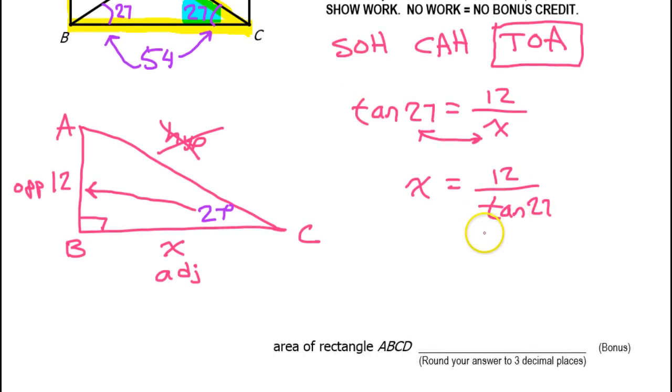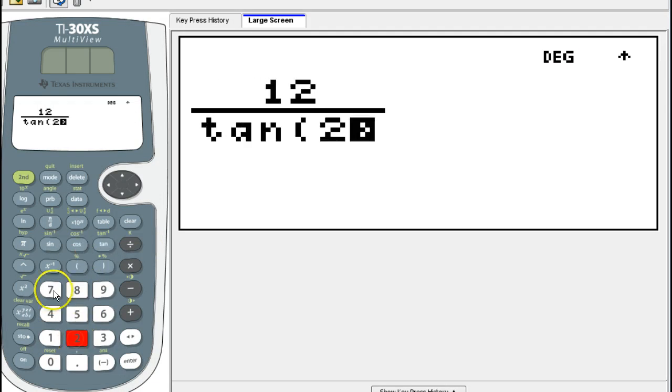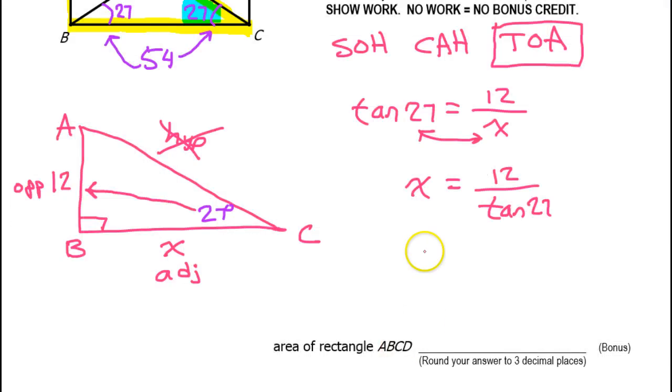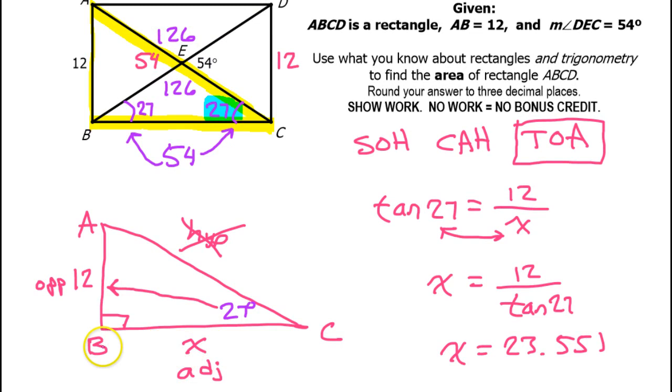So I can just put that in my calculator. So 12 over tangent 27 is 23.551. Alright, so x is 23.551. So remember what I just found. X is the length of BC.